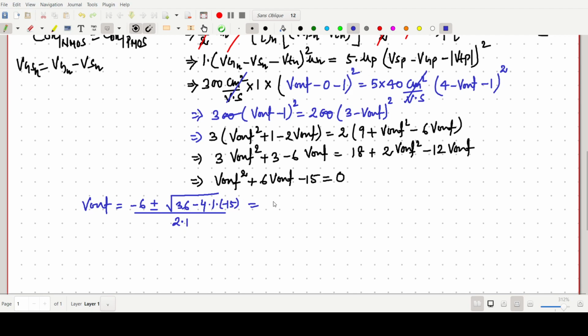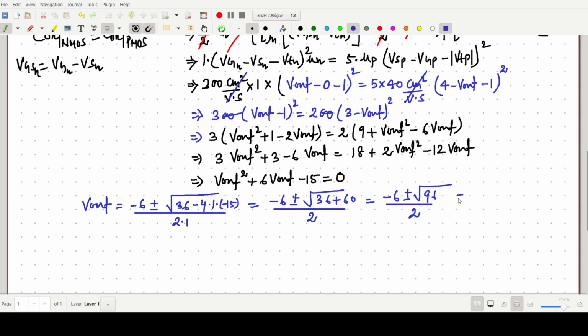Okay, so it should be minus 6 plus or minus, we can write 36 plus 60 by 2, or one more line, 60, then it should be 96 by 2.